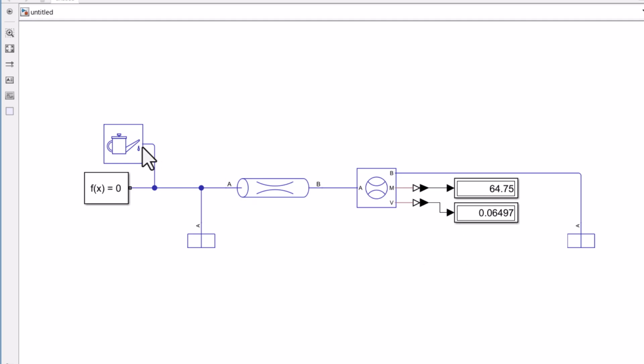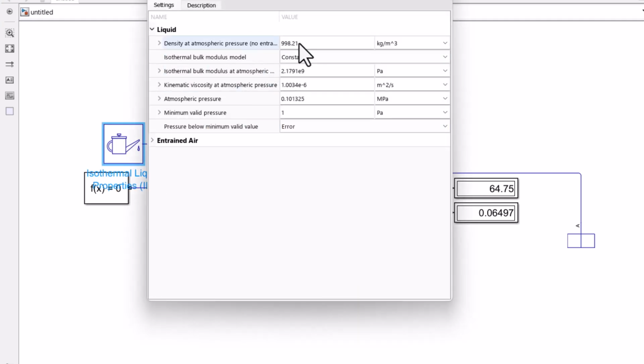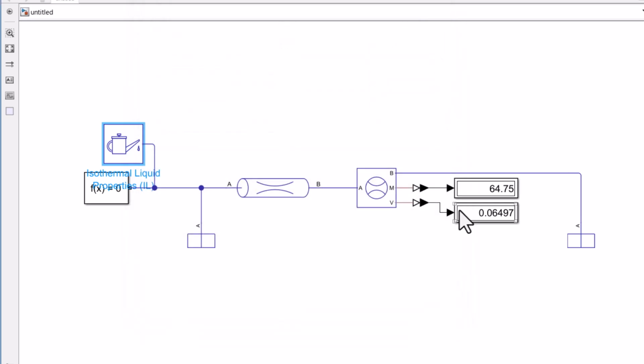This is the mass flow rate in kilograms per second, and this is the volumetric flow rate. And you can see that since the water density is almost 1000, if you multiply the volumetric flow rate by the water density, you will come with the mass flow rate. And since this value is so small, it is in cubic meters per second, what if I want to see the result in cubic meters per hour?